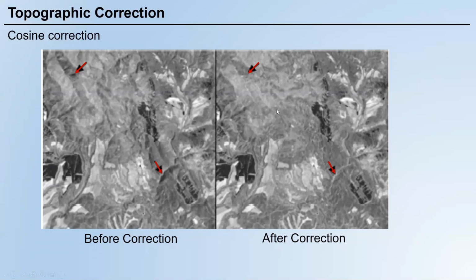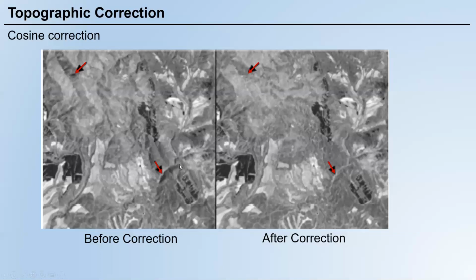After correction, this is the result. You can see the shadow here has been eliminated, so the vegetation here has normal reflectance, as other vegetation around the map illuminated by the sun directly. And here is the result for the second area.